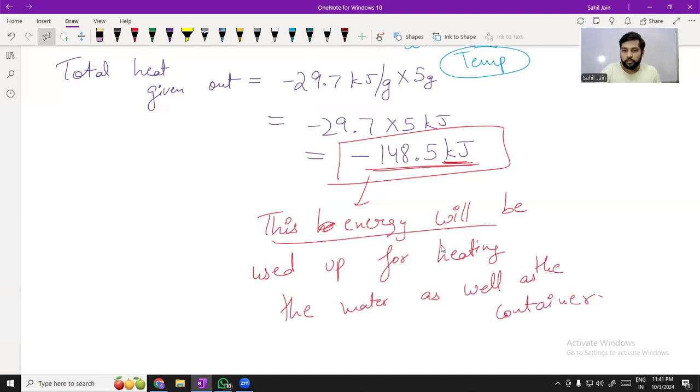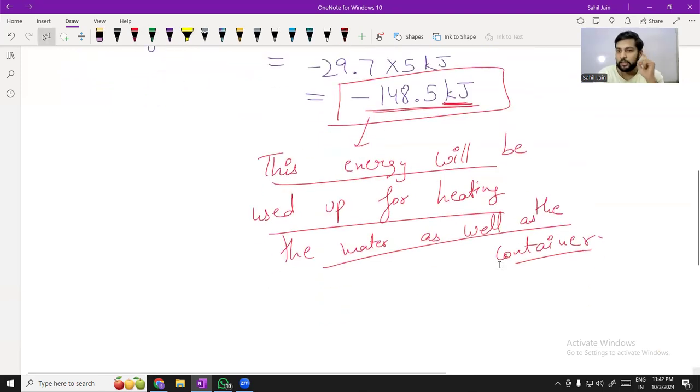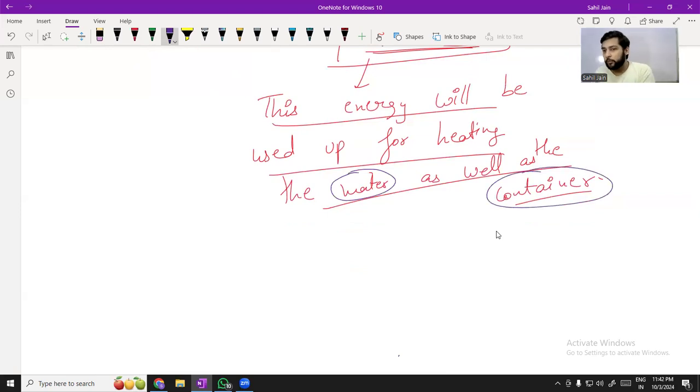This energy will be used up for heating the water as well as the container. Okay. Now, one thing we can say is that both of them, the water and the container, will be in thermal equilibrium. To be in thermal equilibrium, they have to reach the same temperature.